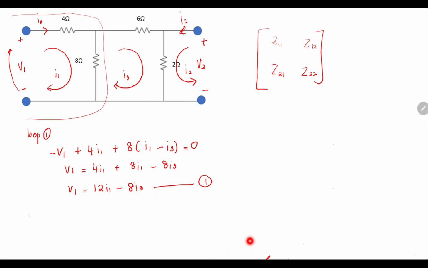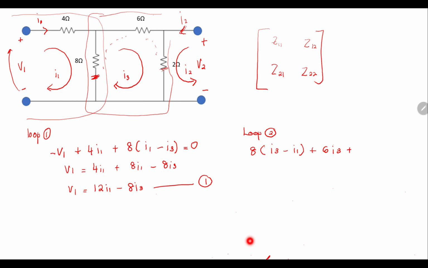Now we look at loop 2, which is over here. For loop 2, if we start from here, the resistance 8 is shared between I3 and I1, so I3 minus I1, plus, so it's going here, 6I3, plus, and then the resistance of 2 ohm.